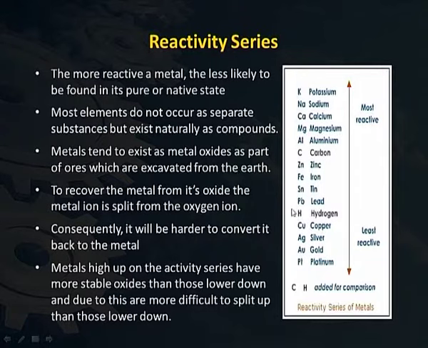This is where the reactivity series becomes valuable, because the amount of energy required to liberate the metal increases as you look at the most reactive metals. Consequently, it's harder to convert it back to metal. Metals high up in the activity series have more stable oxides than those which are low down in the series.